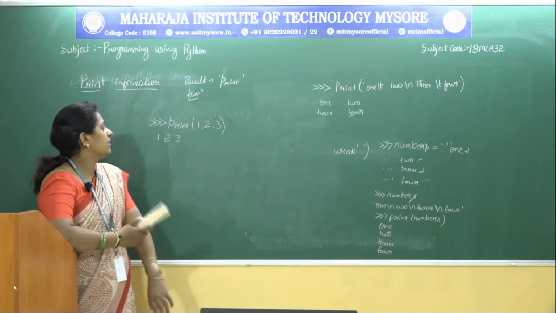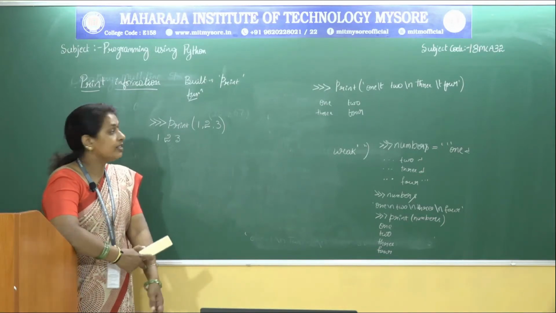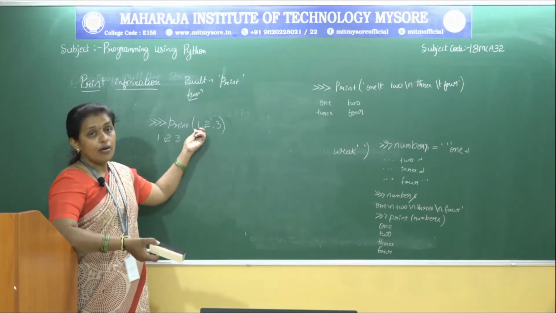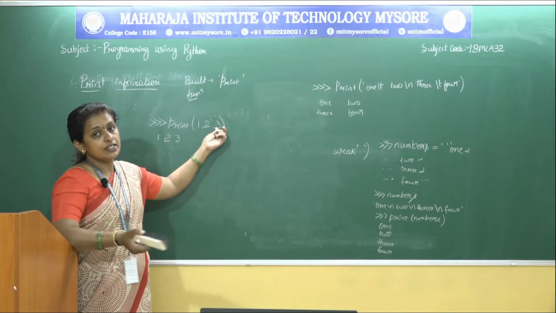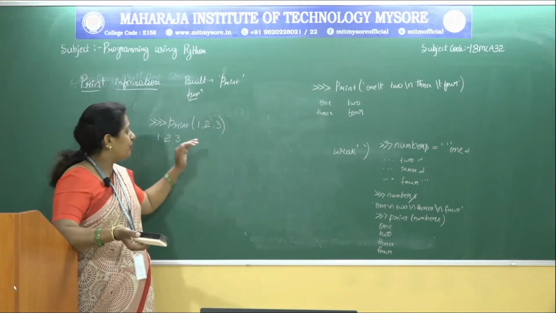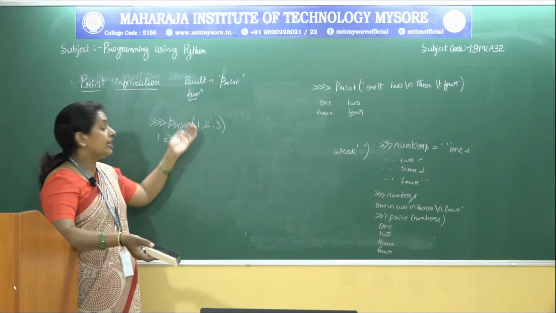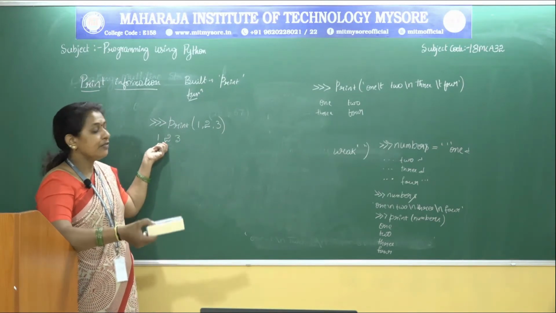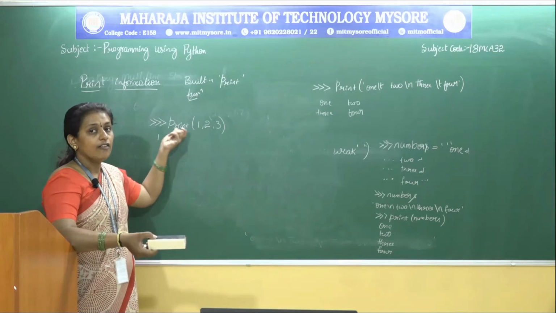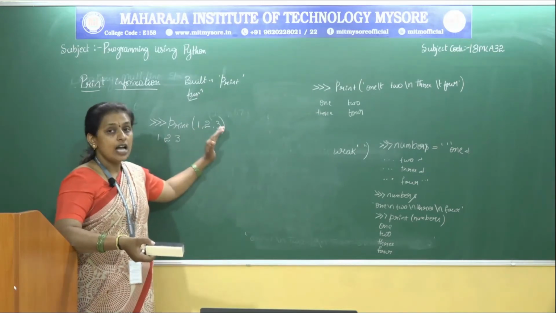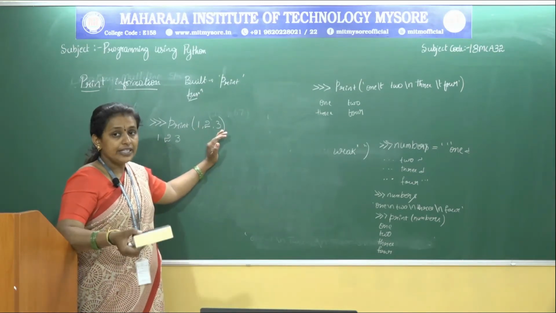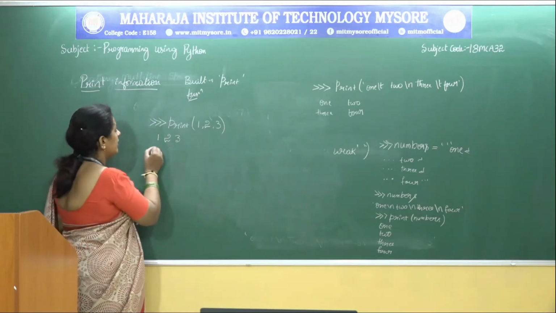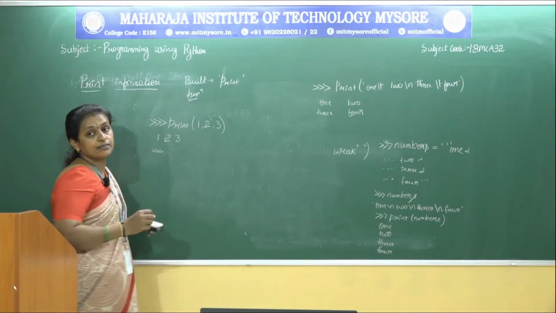I am repeating: the comma is a separator between the list of values to print. While printing, print will take one space between one value and another value, and when the last value is printed, it will give a new line. So when this statement gets executed, it will be displayed like this.